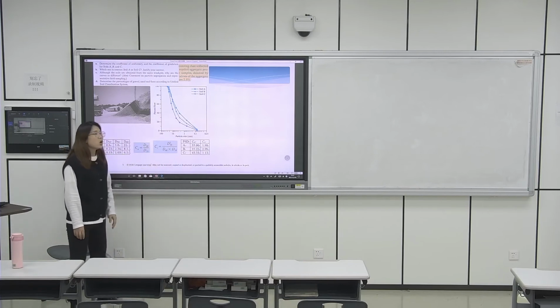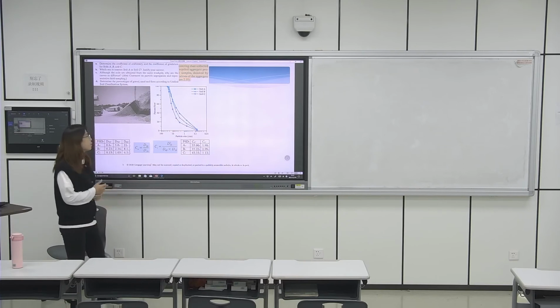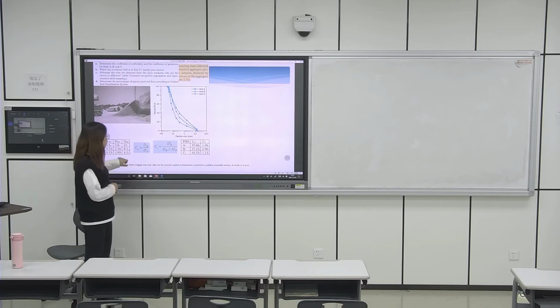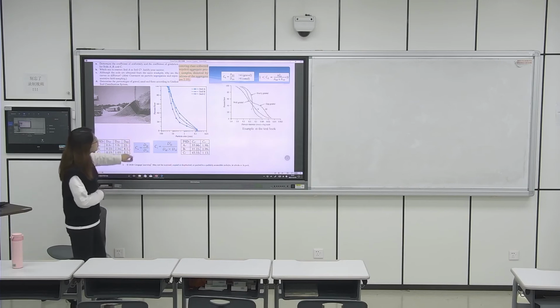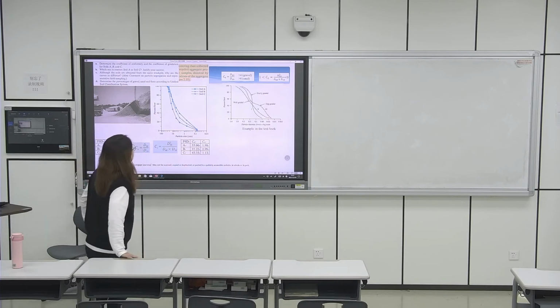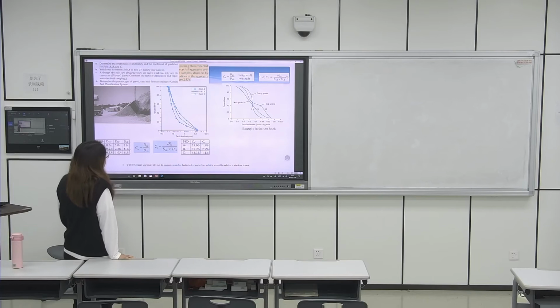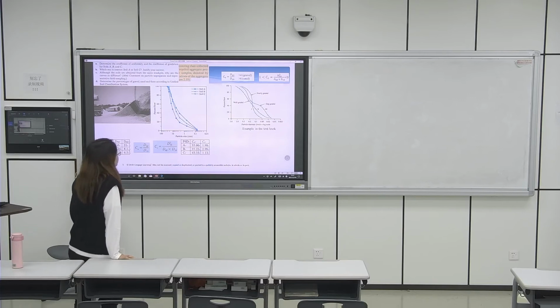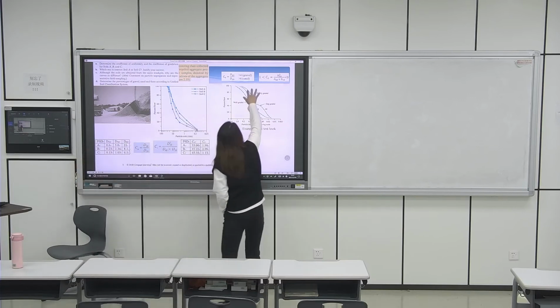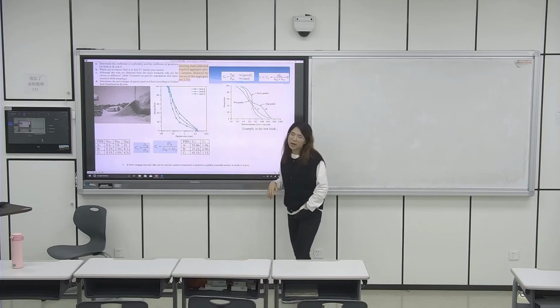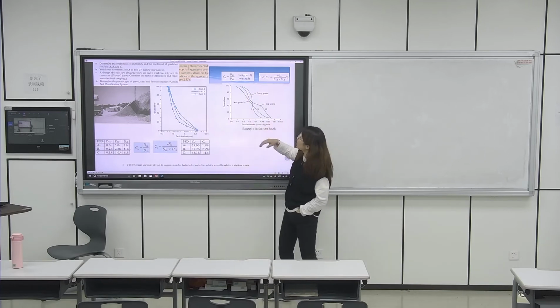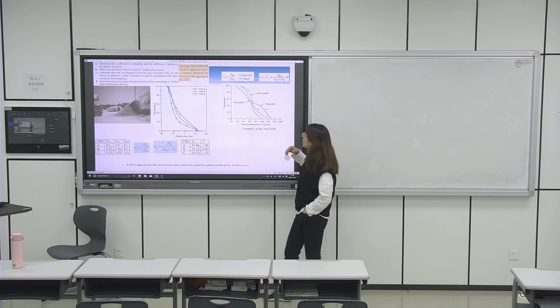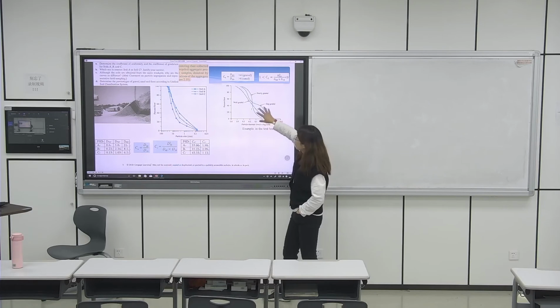And finally, we need to define which of soil A, B, and C is coarser. So we say that for a soil, if Cu and Cc satisfy these two conditions, we say that soil is a well-graded soil. If not, it is a poorly graded soil, like this, right?